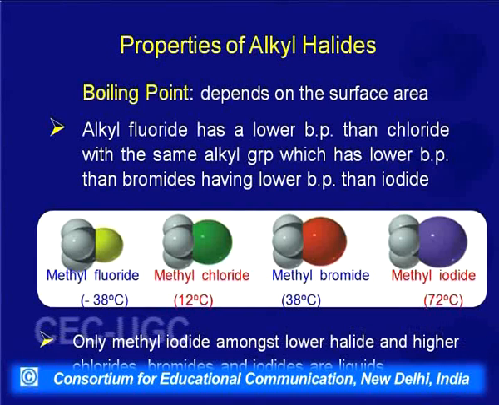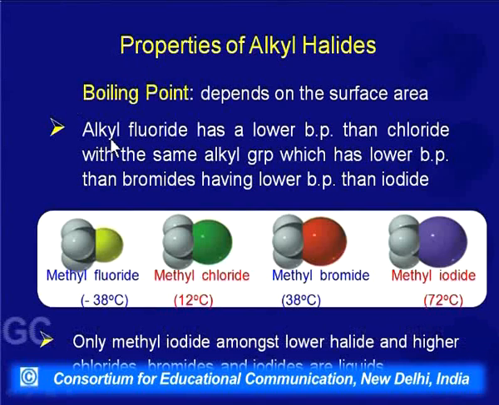Now, boiling point, you may be aware that boiling point depends a lot on the surface area of the molecule. And just now in the previous slides, we saw how the volume and hence the surface area of these alkyl halides varies along the group or as we move on with different substitutions.